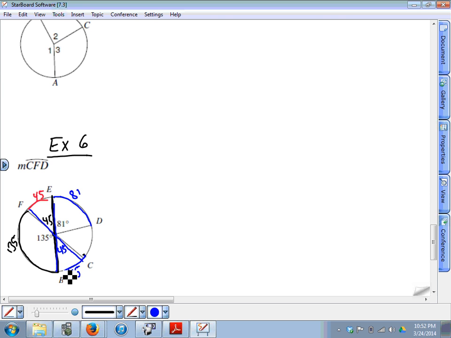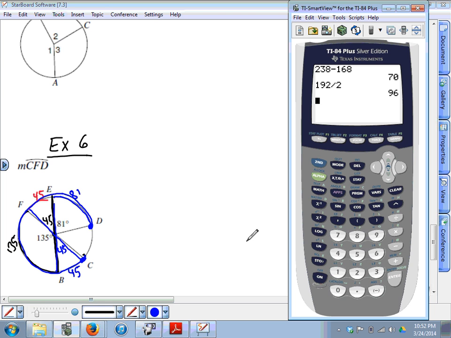So keep in mind what it was we were trying to find. Starting from C, going all the way around through F to D, we're supposed to find the measure of that arc. Well, all we've got to do is add up the individual measures of those smaller arcs. So on a calculator, it's going to be 45 plus 135 plus another 45 plus 81.